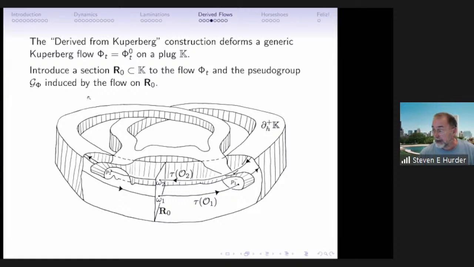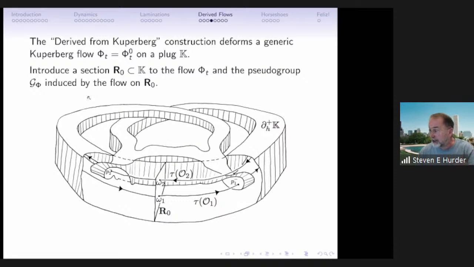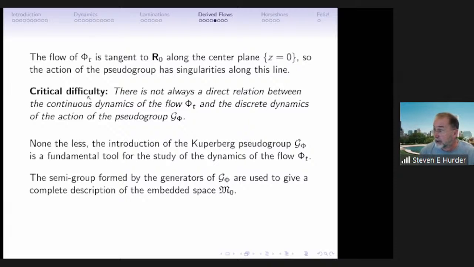Now, the problem with this is that the pseudogroup, the flow lines, you're not seeing it, but it's not always transverse because it reverses direction if you look between these two points. When it reverses direction, there's a contact line, a center line, and then you don't have a perfectly happy pseudogroup because the pseudogroup has discontinuities.